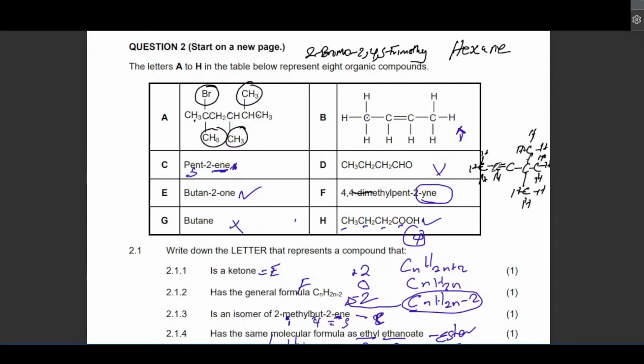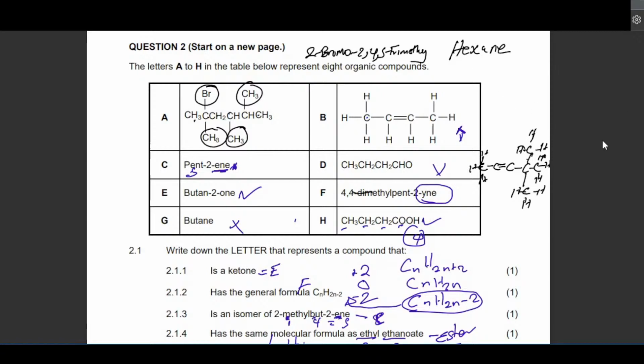So it is 1, 2, 3, 4, 5, which means pent, and then they're saying yne, not ene. So a small mistake has been made. Then this one goes out, so it becomes a triple bond.